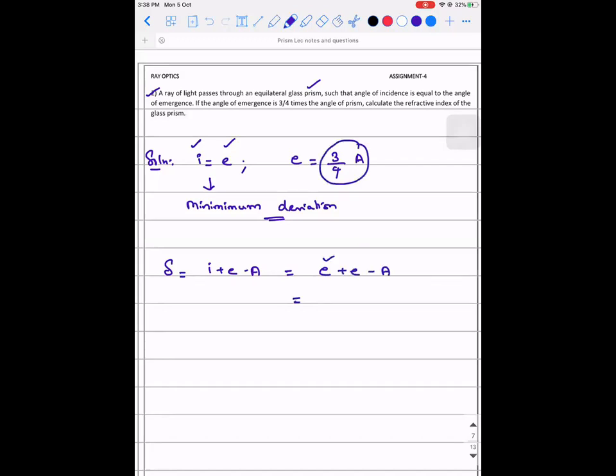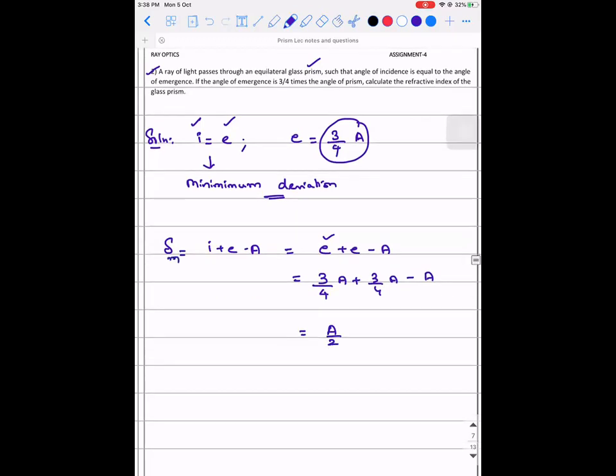E is 3 by 4 times A. So 3 by 4 times A plus 3 by 4 times A minus A. How much is this? 6 by 4 minus 1, that is 3 by 2 minus 1. So it will be A by 2. So this is the value of delta minimum.